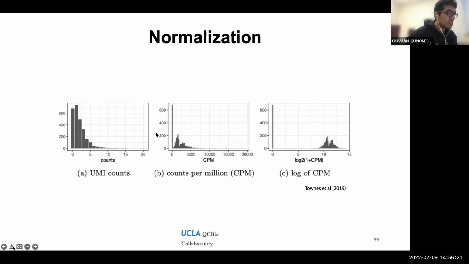And I just wanted to share how this normalization is transforming the distribution. So you can see in the leftmost panel, panel A, we have our expression units in terms of counts. This is what we obtain in our raw data in our original matrix.